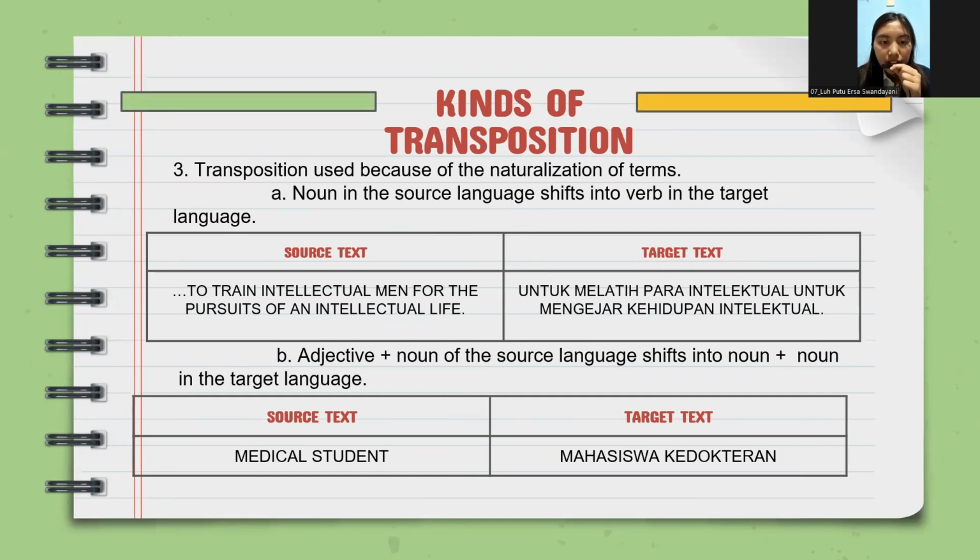Okay, the kind number 3 is transposition used because of the naturalization terms. It happens when a text can be translated literally, but the translation results in a sound that is unnatural.